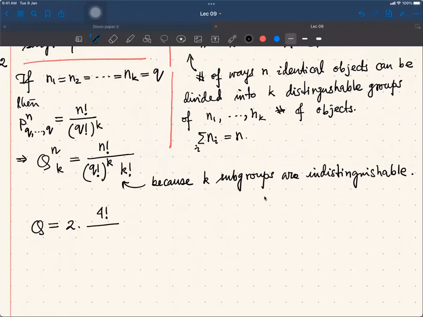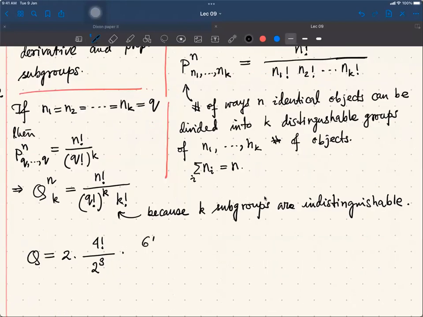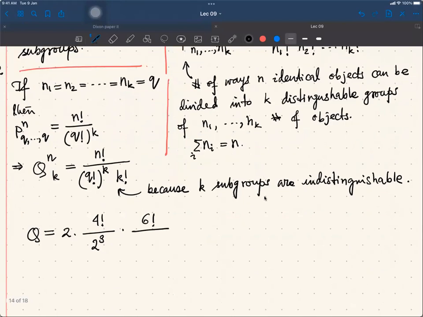So this is 2 square times 2, so 2 to the power 3. For q equal to 3, it will be factorial 6 divided by factorial 3 square times 2. This is the result.